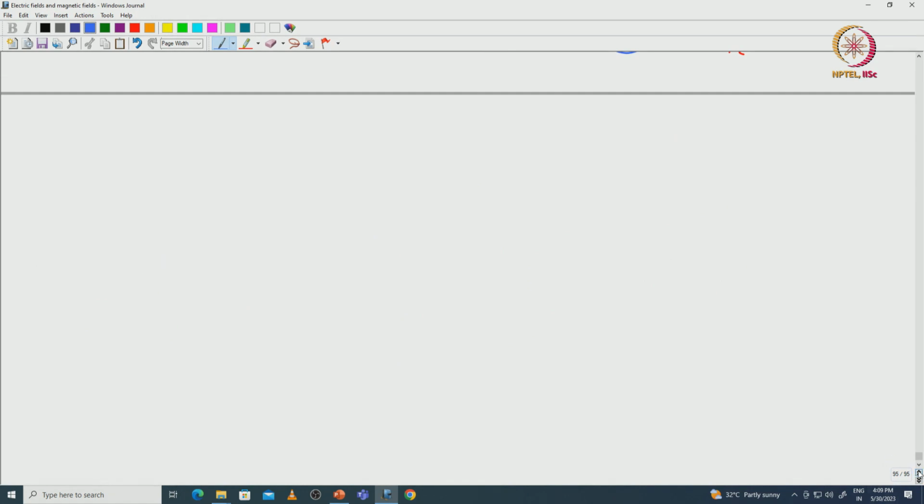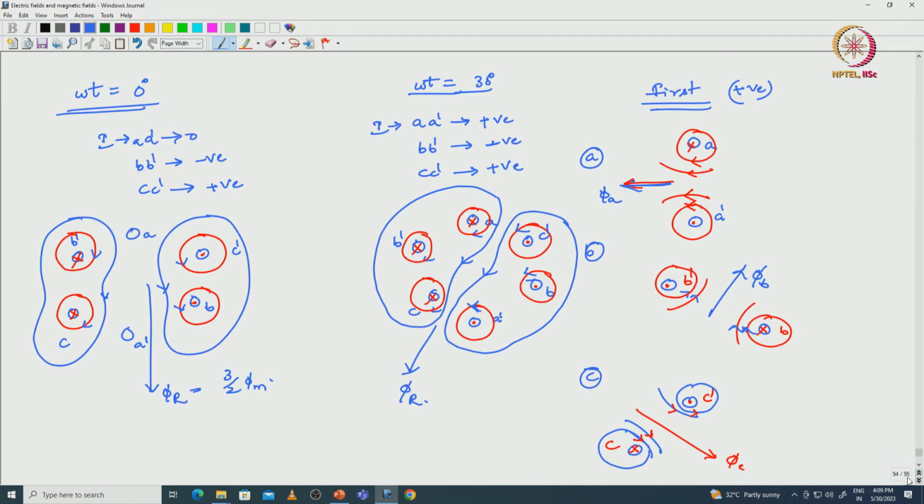So the resultant vector diagram with respect to these 3 reference things, phi A is in the direction of left to right, this is phi A, and then this is phi B, and then this is phi C. So from these reference vectors we can analyze the remaining things.